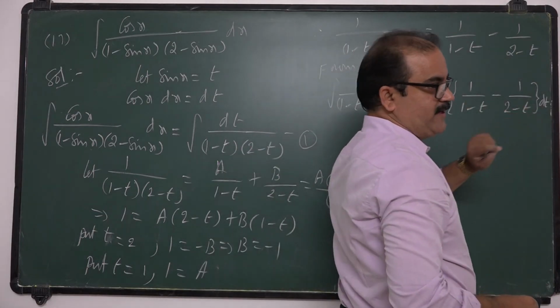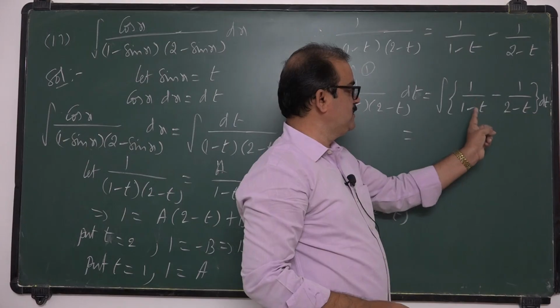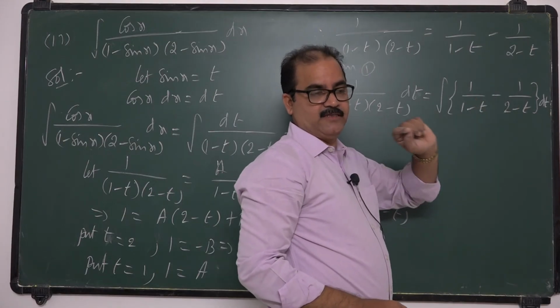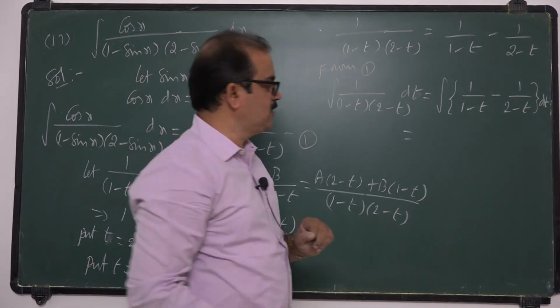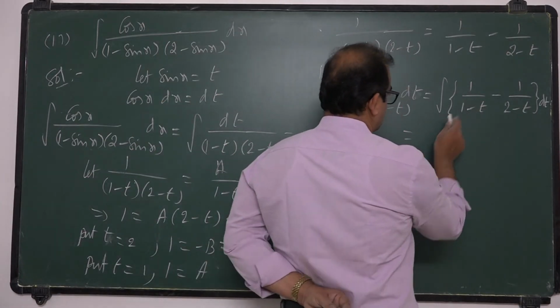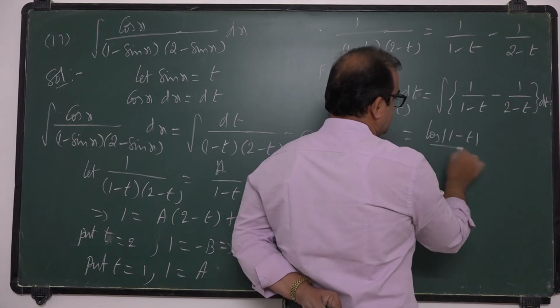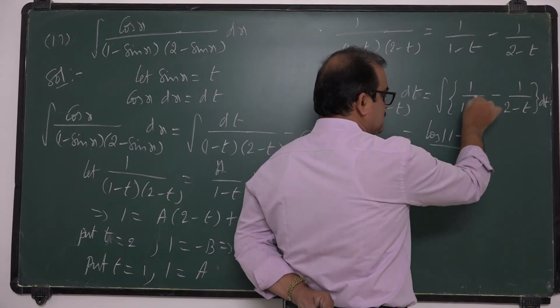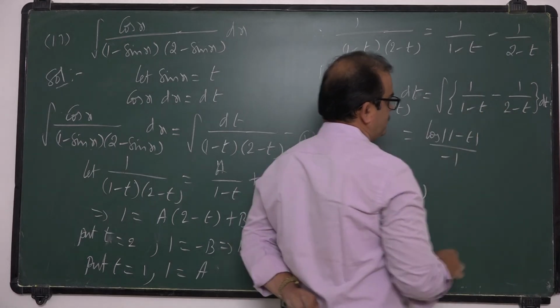Now integrate separately. Both the terms are in the form of integral 1 by x dx. What is the formula of integral 1 by x dx? Log mod x. So first term log mod 1 minus t, divided by the derivative of this with respect to t, minus 1.